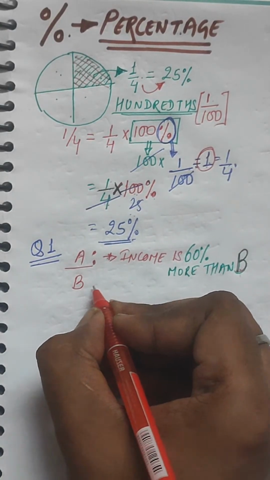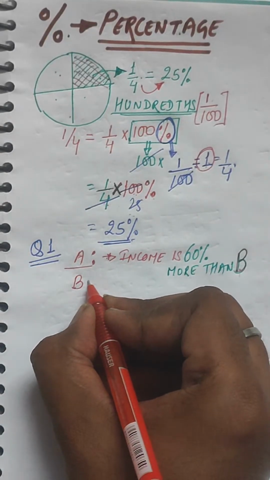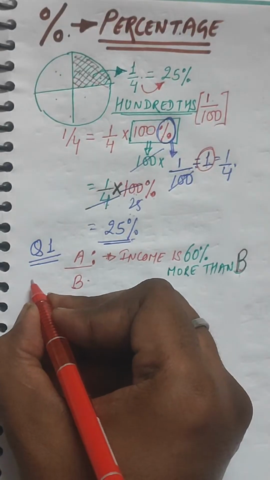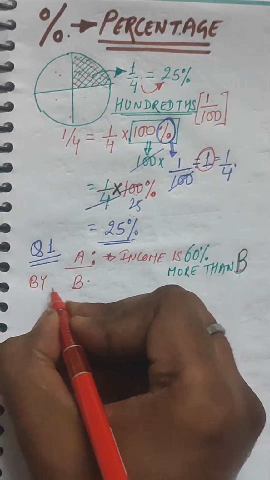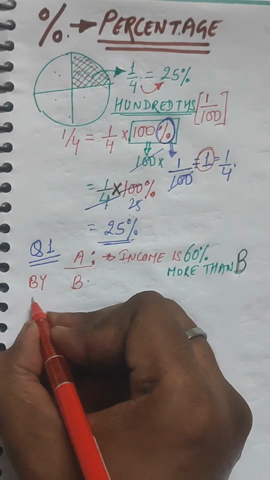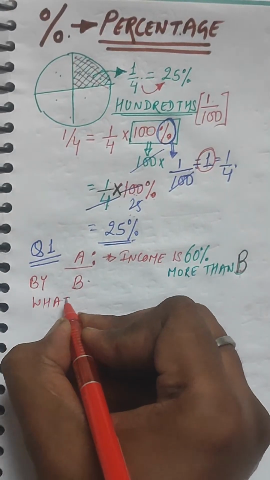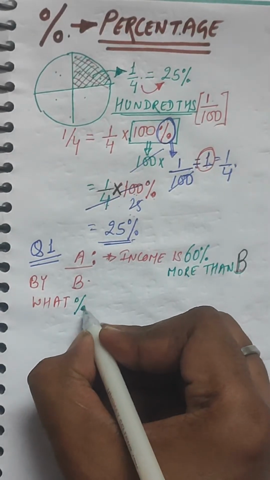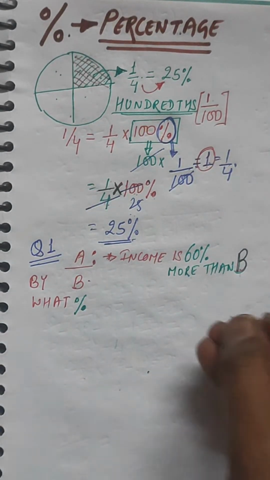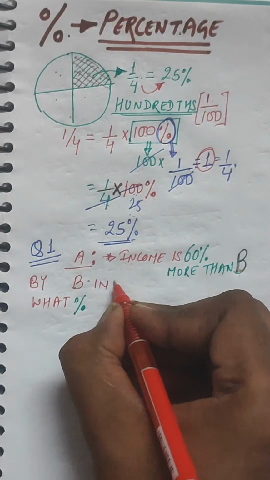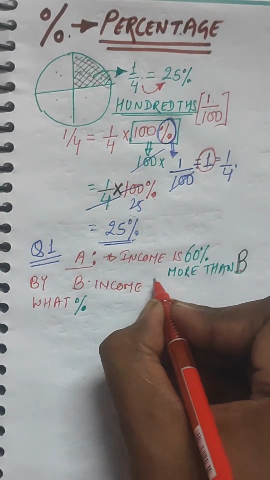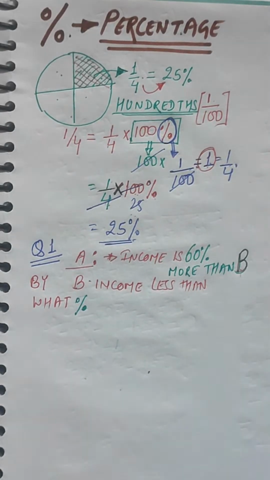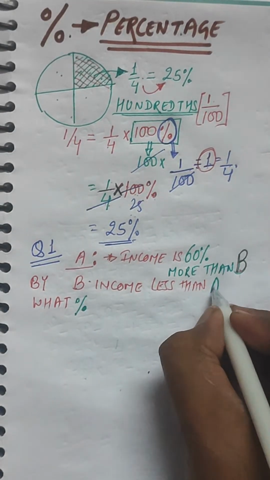So the question is, by what percent is B's income less than A?